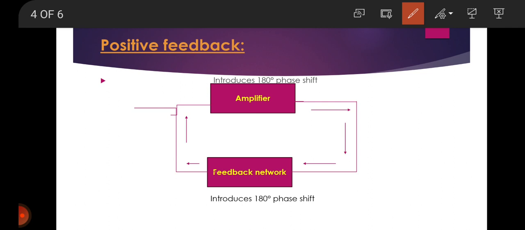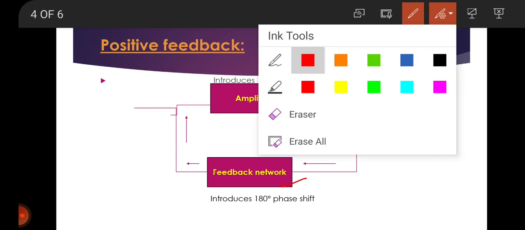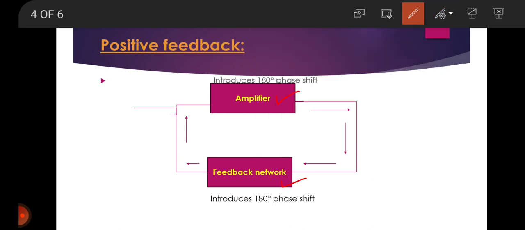Here the amplifier is present, and here the feedback network is present. What is the definition of feedback?